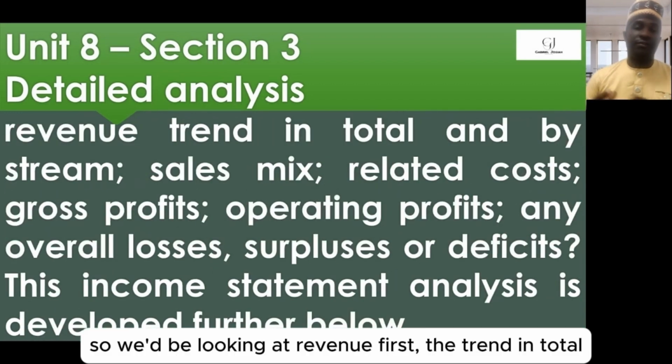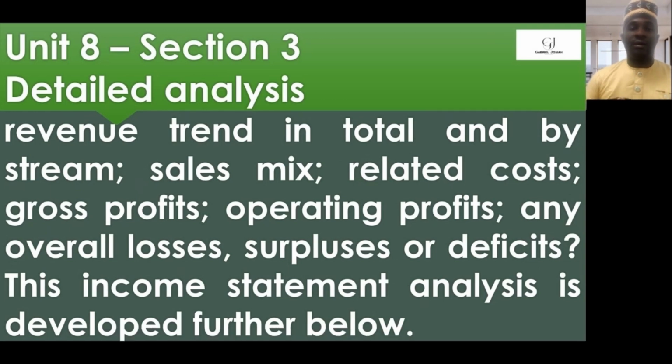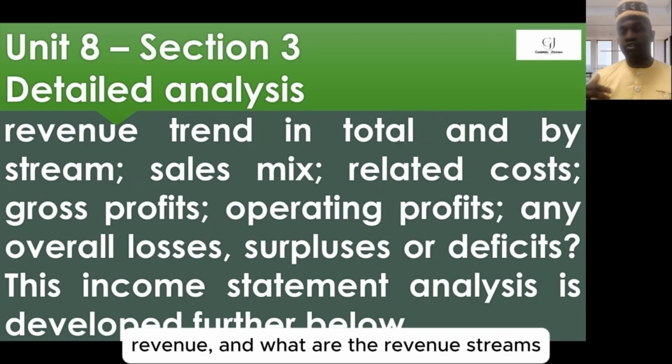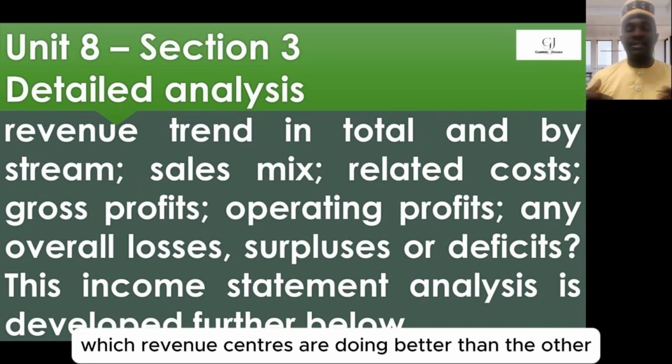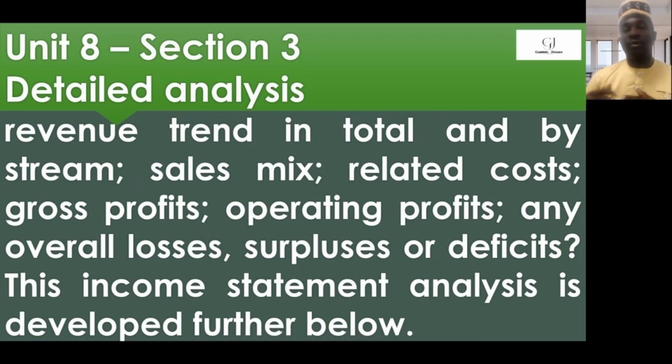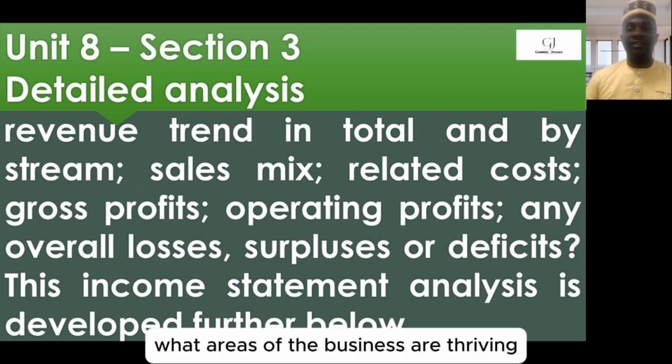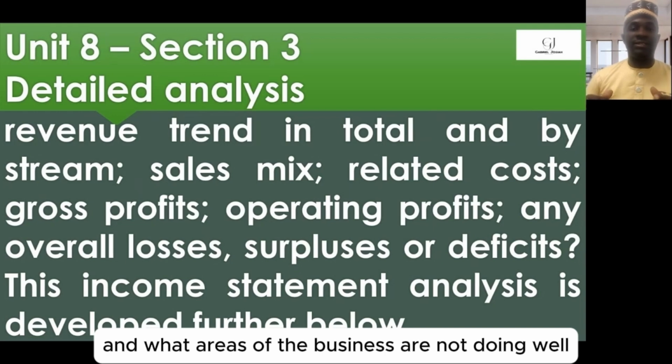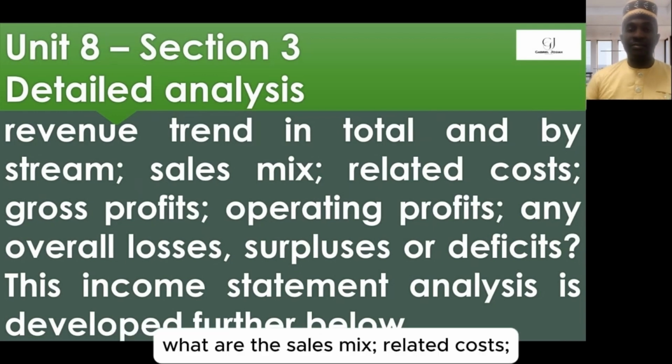So we're looking at revenue first, the trend in total revenue. What are the revenue streams? Which revenue centers are doing better than the others? What components of revenue, what areas of the business are thriving, and what areas of the business are not doing well? What are the sales mix related costs?